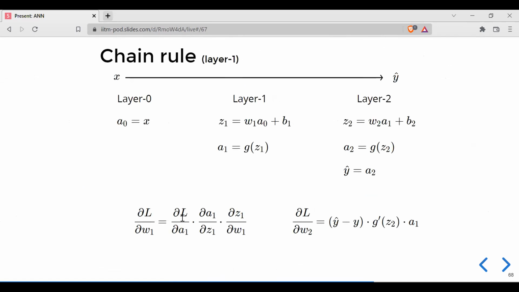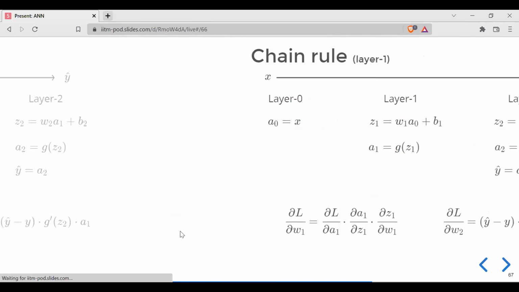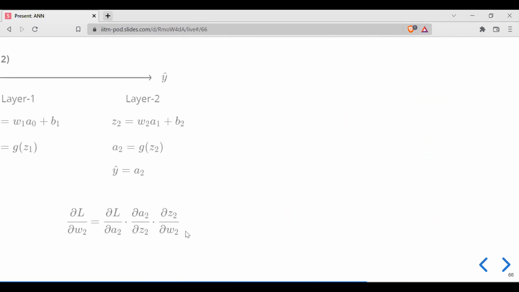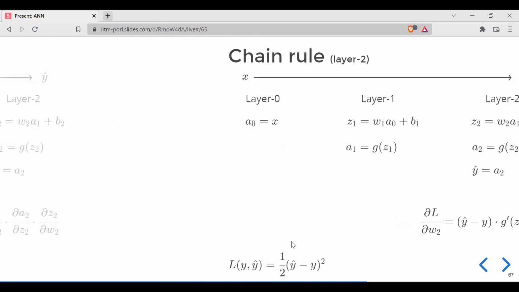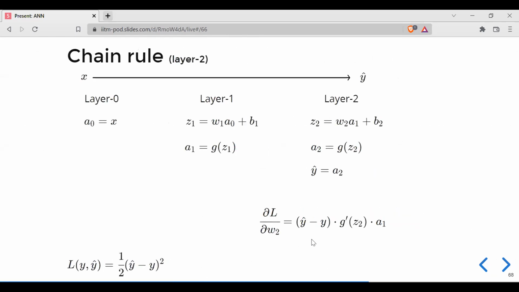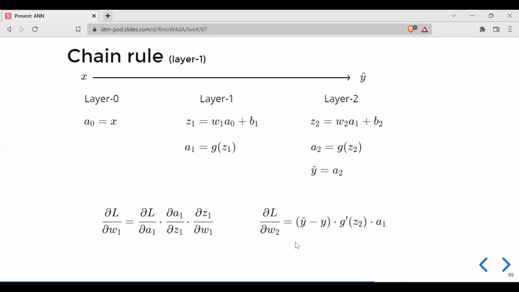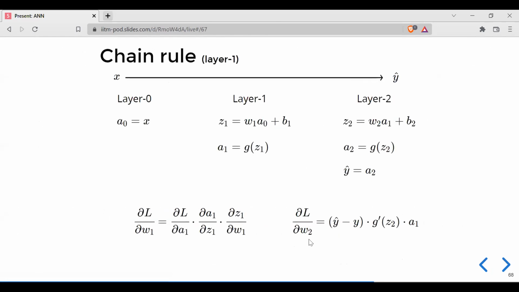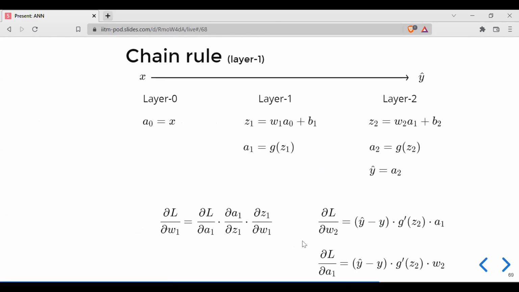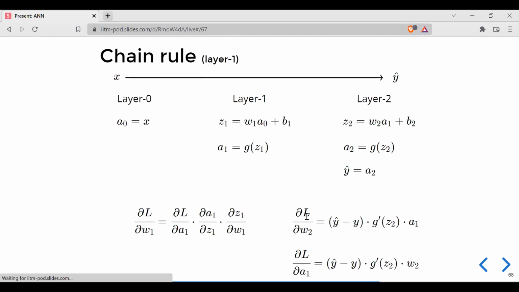So what is del L by del A1? In a similar manner that we found del L by del W2, you can find del L by del A1. Only the change will be here.